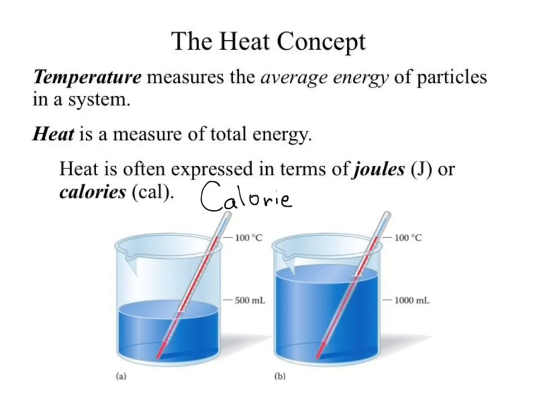Go ahead. Capital C. Okay, that is your difference. Capital C, calorie, is a food calorie, and in that case it represents 1,000 lowercase c calories.